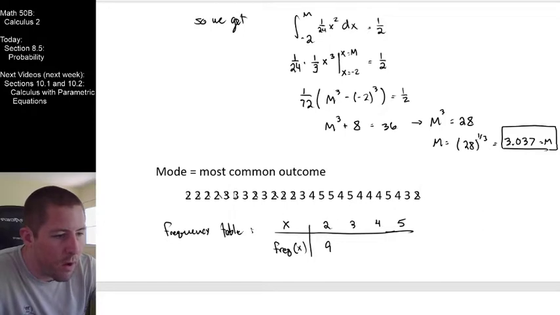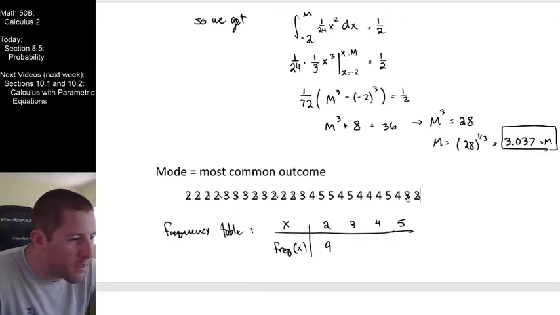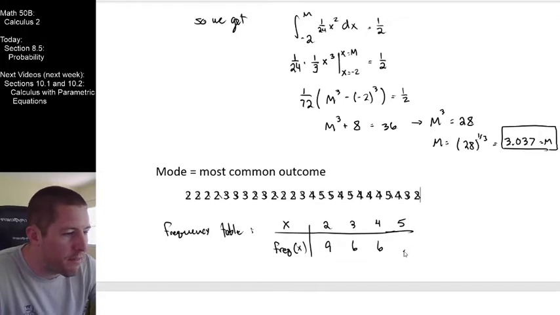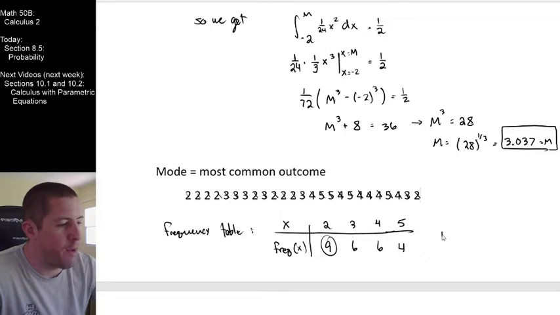Of the 3s, there are 1, 2, 3, 4, 5, 6 3s. Of the 4s, there are 1, 2, 3, 4, 5, 6 4s. And there are 1, 2, 3, 4 5s. So it looks to me like this says that mode is 2.